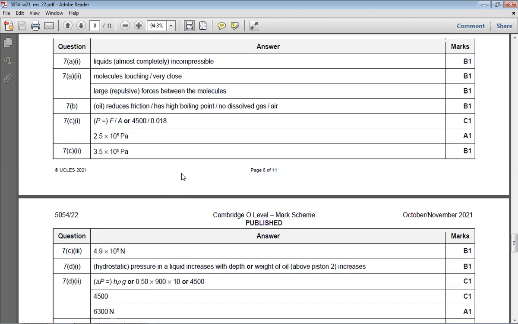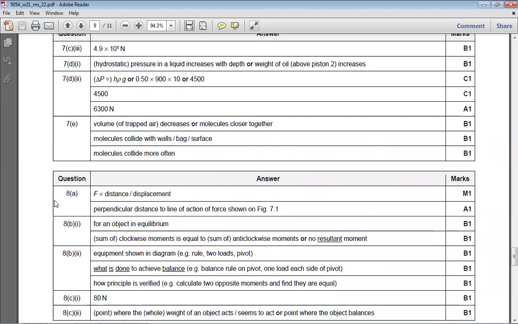It is a very, very important habit. I hope that you have read this marking scheme for question number 7 and you have checked my answers and your teacher's answers. Let's go to the next question.